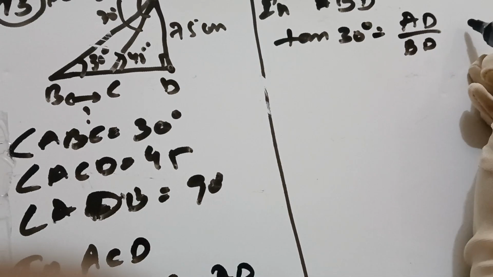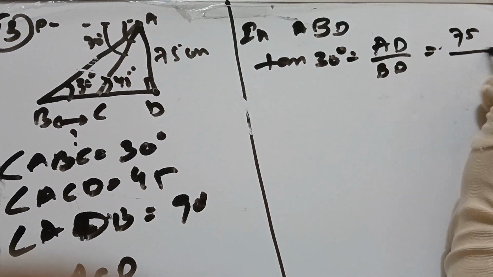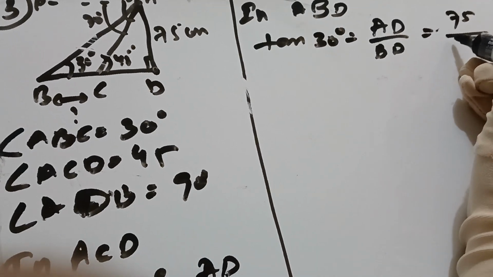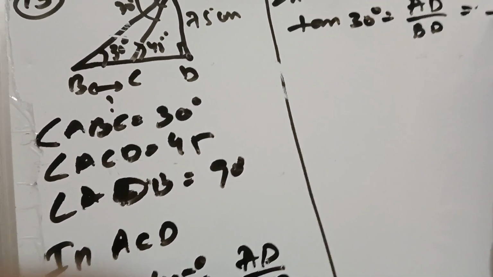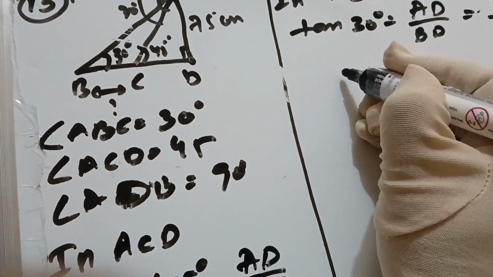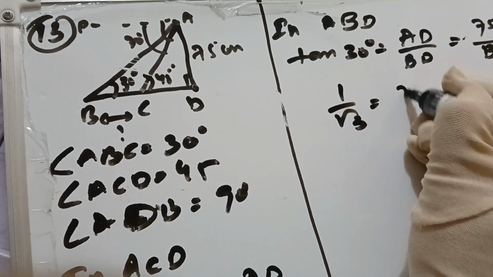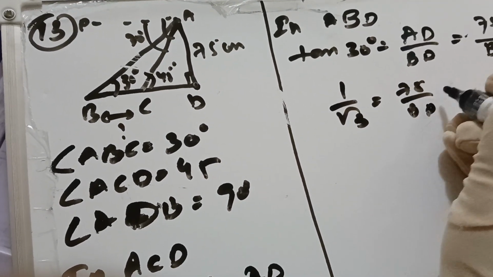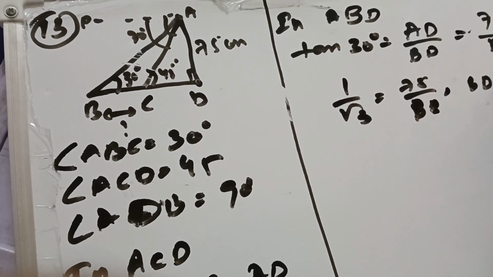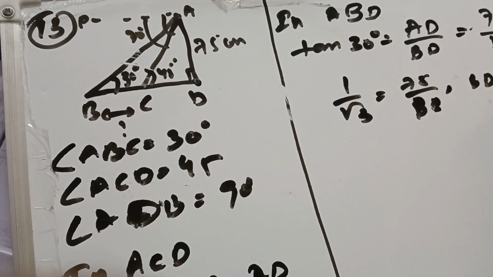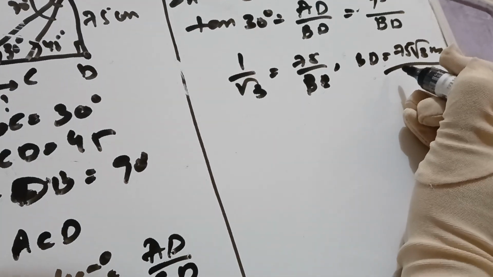We know the AD value is 75, and BD we don't know, so we will write BD. Tan 30 degrees, 1 by root 3, is equal to 75 by BD. So therefore BD is equal to 75 root 3 meters. Clear? 75 root 3 meters is your BD.